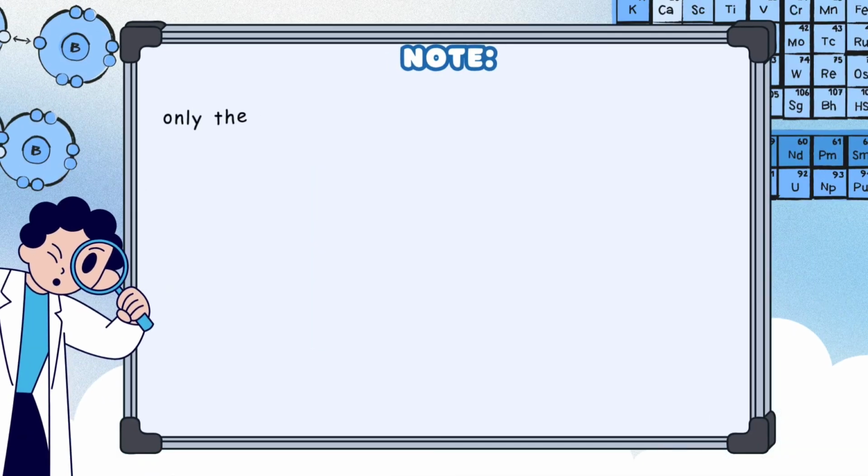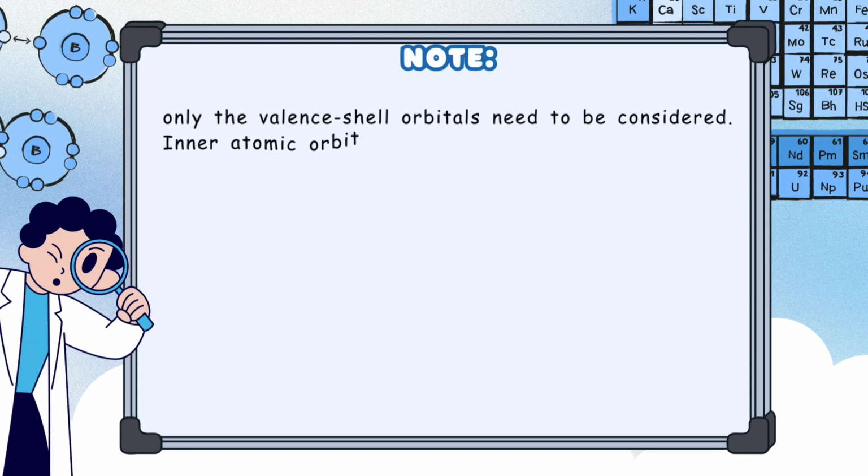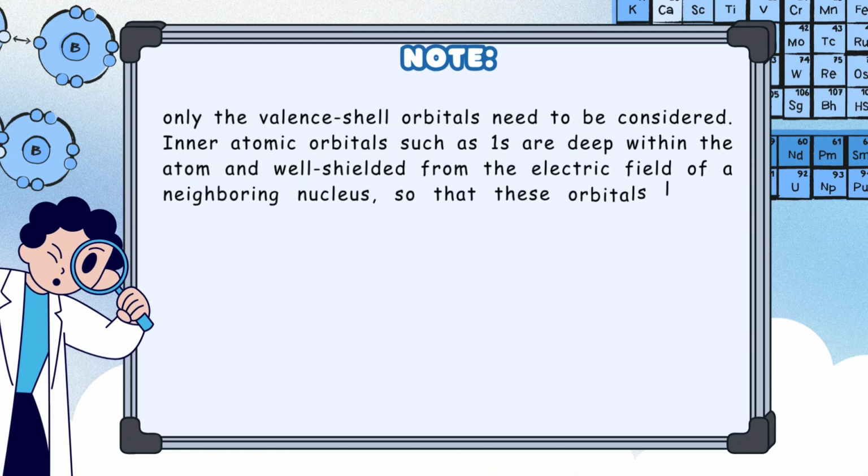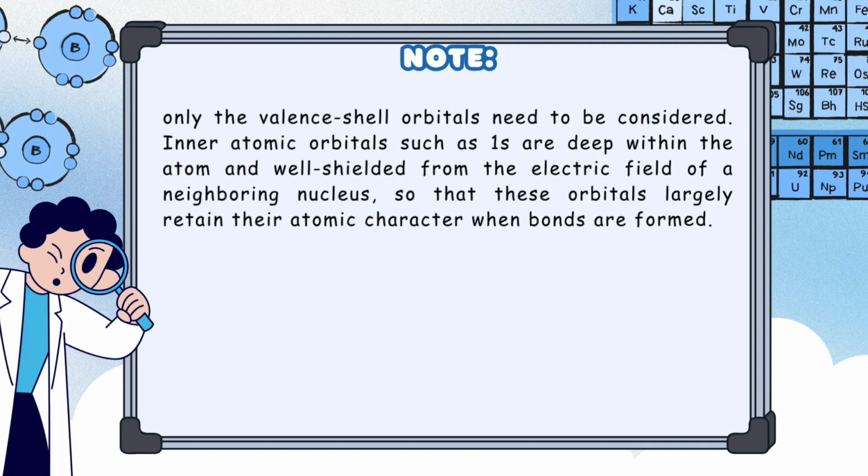Note that only the valence shell orbitals need to be considered because inner atomic orbitals such as 1s are deep within the atom and well shielded from the electric field of a neighboring nucleus, so these orbitals largely retain their atomic character when bonds are formed.